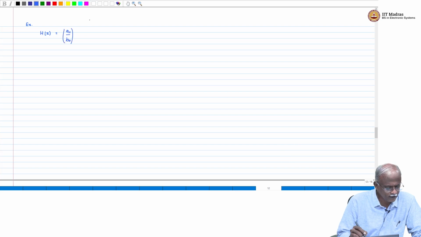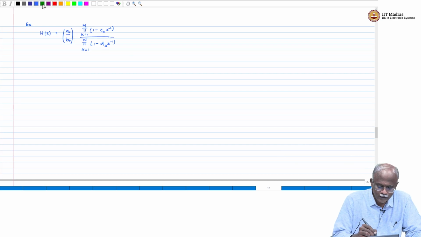These are constants. The numerator terms, which are the zeros, k equal to 1 through m, 1 minus ck z inverse, divided by the denominator, which are the poles of the system, k is equal to 1 through n, 1 minus dk z inverse. Okay, so let's write down.